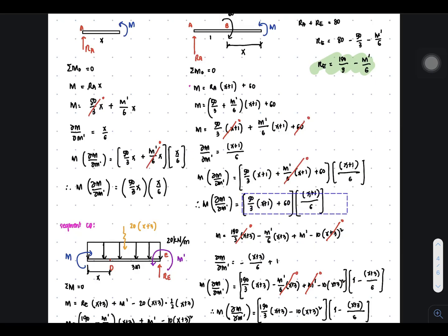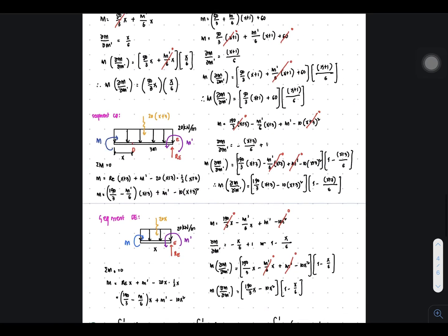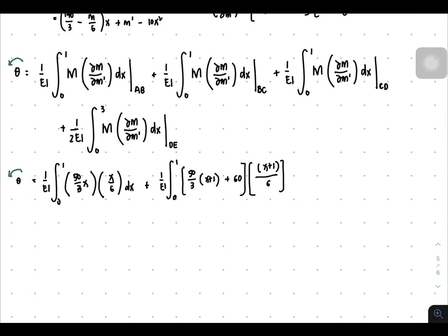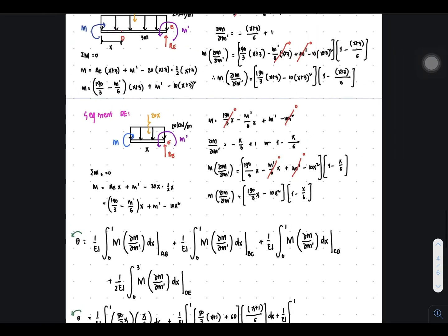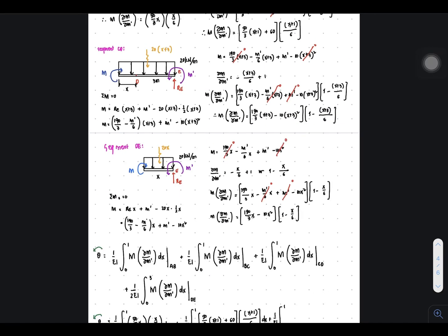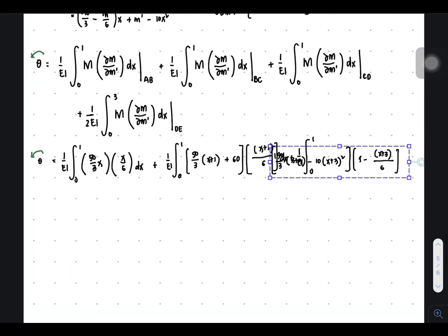Here it is. Let's copy this, BC, and then we're going to paste it here. So the same limit 0 to 1 dx, then plus the 1 over EI of the next integral, the same limit 0 to 1 for CD. So where is CD? Here is CD. Let's rewrite it here.